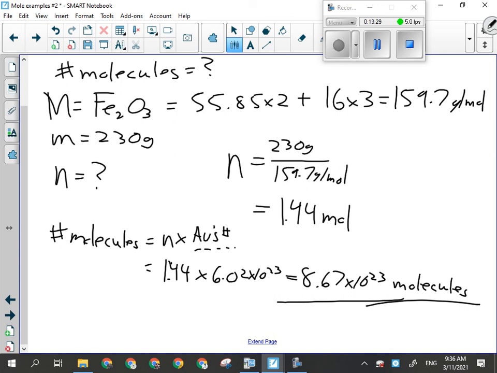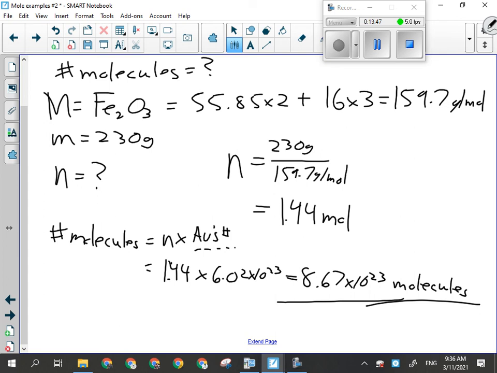In the same way that if I want to know how many donuts are in 4 dozen, I go 4 times 12. I take the number I have, 4 dozen, and multiply by the number in a dozen. Same operation here. I'm multiplying how many moles by the number in 1 mole to get the number.